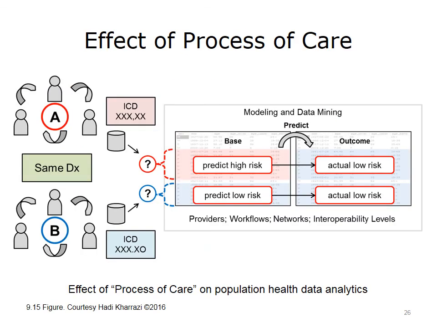This diagram shows the effect of process of care and different coding habits on population health analytics. On the left side of the diagram, two different practices are shown. Practice A may choose a slightly different code for the same diagnosis than Practice B, simply because they are used to doing so.